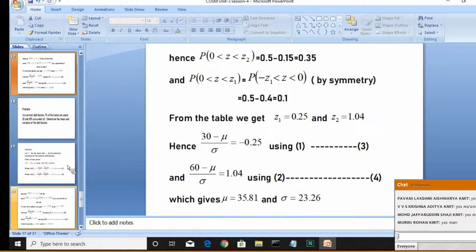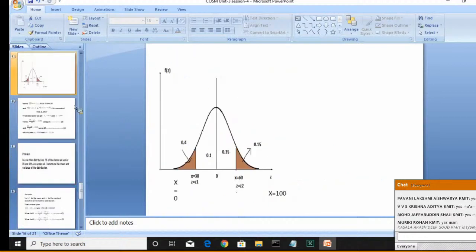Let me tell the figure, and after that only I will proceed. See, we know that the area under the normal curve is 1. Area under the normal curve 1 means 0 to infinity, right side 0.5, left side 0.5.